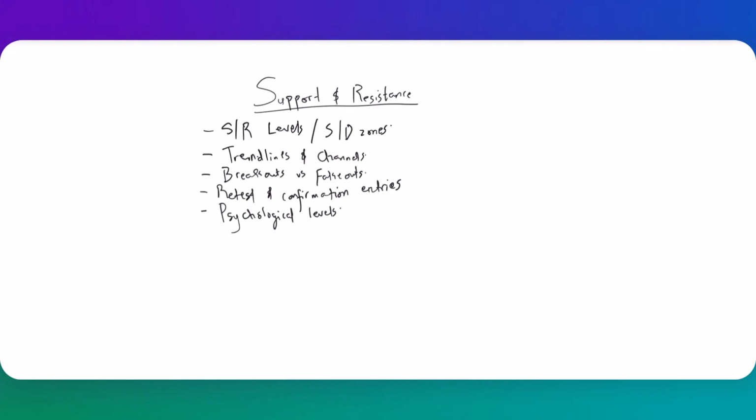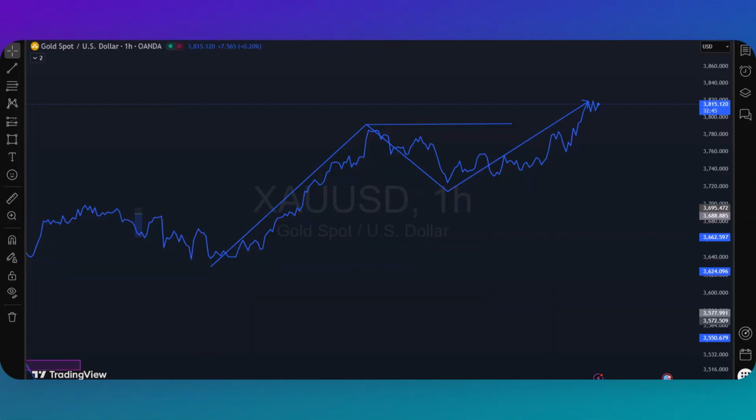But here's the thing, price doesn't respect exact numbers, it respects areas. So when you mark support and resistance, don't think of it as just a thin line. Think of it as a zone. It doesn't respect just one number. For example, like this line, price might come back exactly to this line, and it might not be exactly this line.